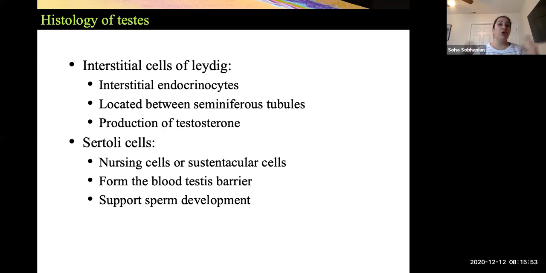Again, they're making sure that what comes into contact with the testes is not going to cause damage to the testis. They basically act like, no, you cannot get in, yes, you can get in. So they are a barrier. The second thing they do is support sperm development. They're also important in terms of making sure that the person sexually matures and is able to produce sperm at the correct number.